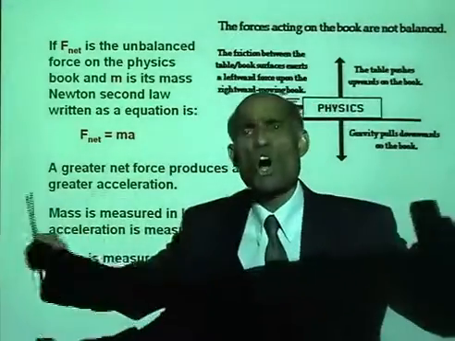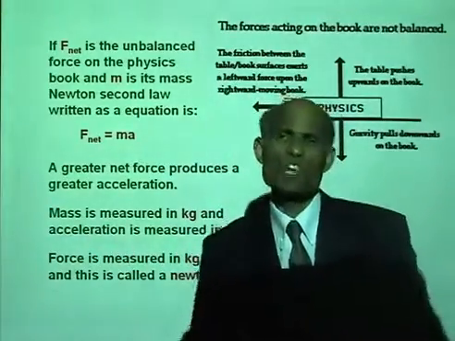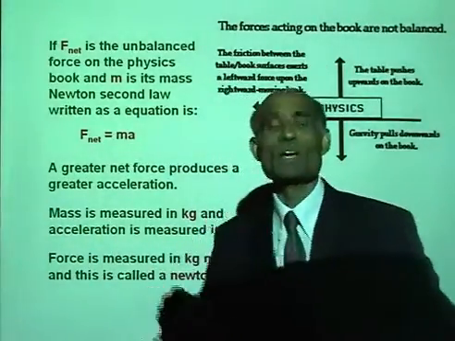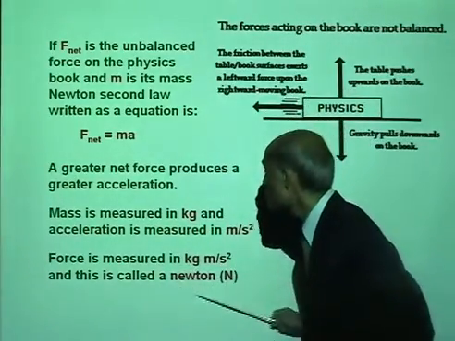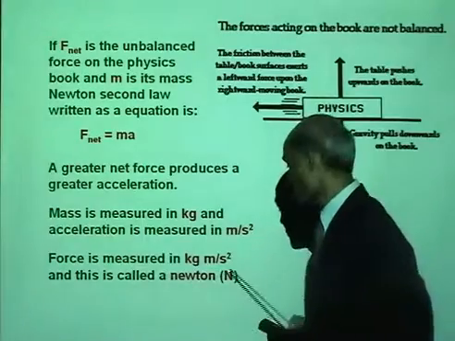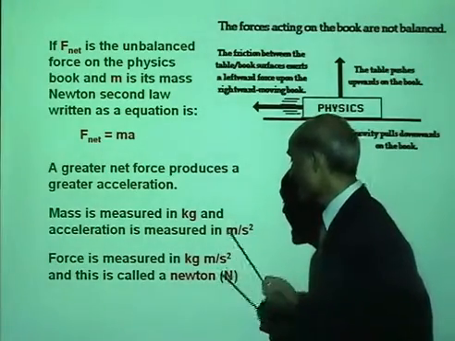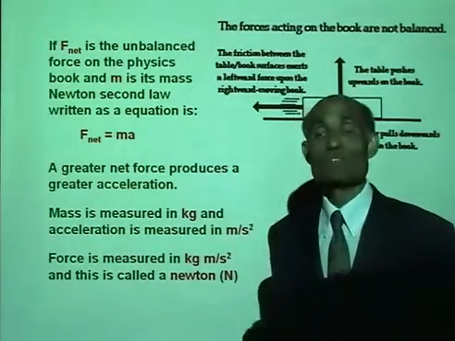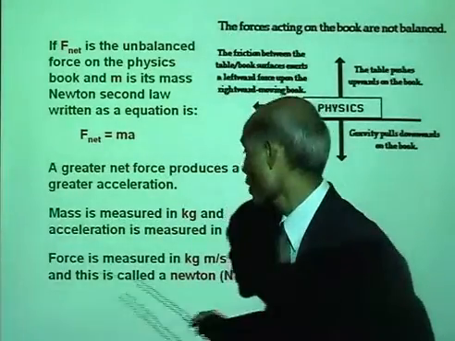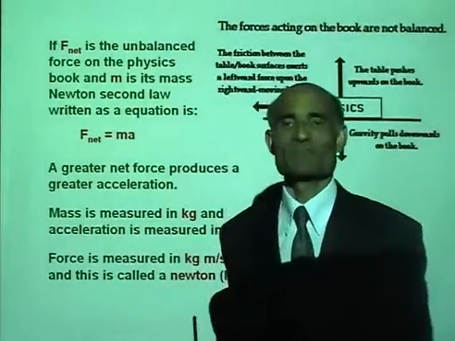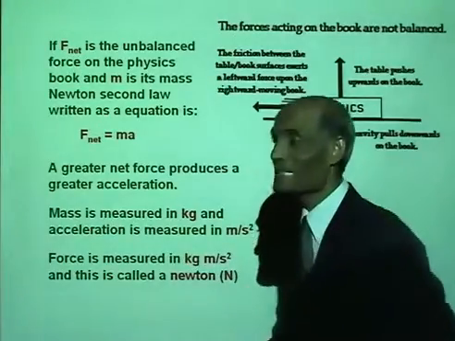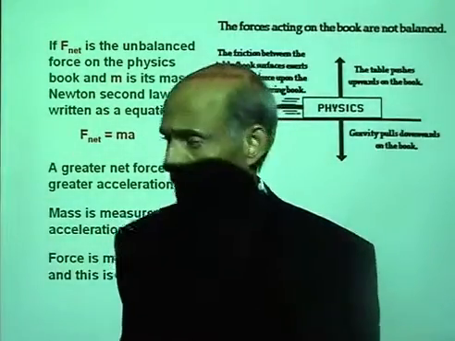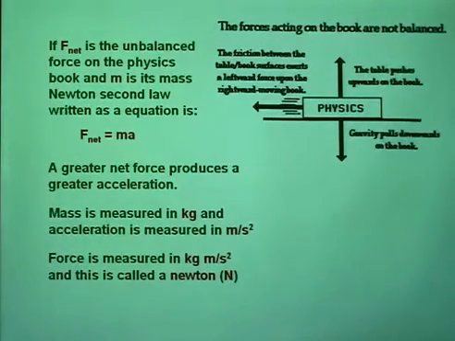And since it is a long quantity like that, kilogram meter per second squared, we're going to give it a name. Its name is the Newton. So we will use the uppercase N to represent that. The unit of force is called the Newton. And the Newton is a kilogram meter per second squared. What does that mean actually?